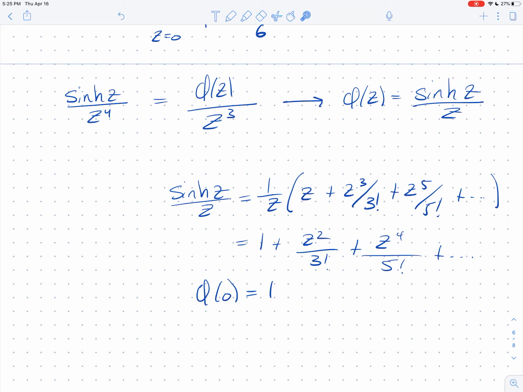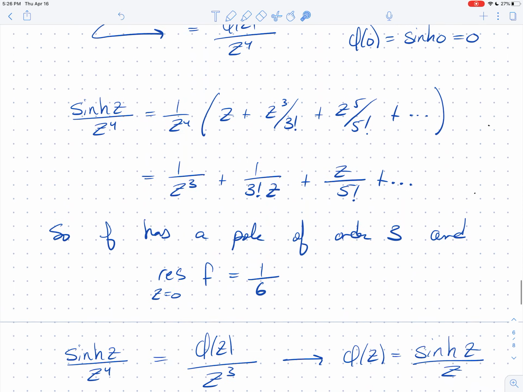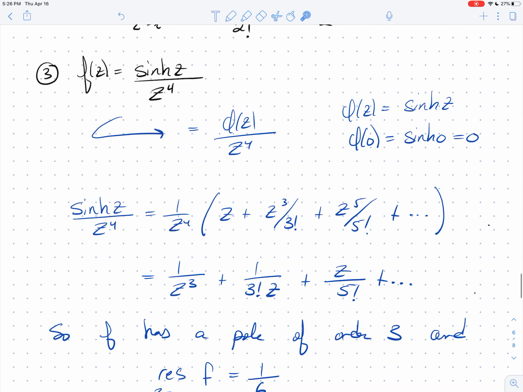So the theory allows you to predict without looking at the Laurent series that this function has a removable singularity at 0, because there's a way to write it as some function phi that's analytic at 0 and non-zero at 0. And that's exactly what happened. So the theorem is still true. It just didn't work the way we initially expected. At first glance, we expected sinh z to be our phi, and in fact, that's not what phi is.